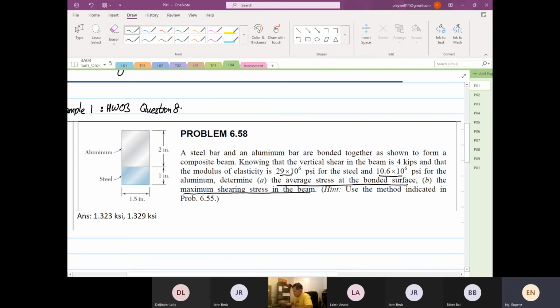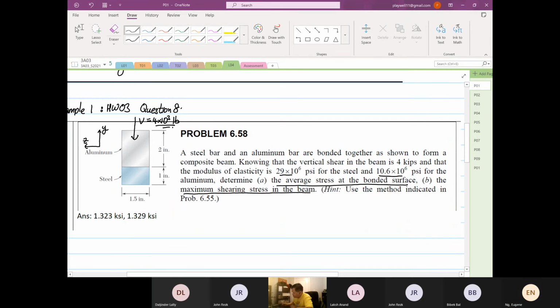Okay, so I'm going to address the transformation. If this is our y and this is our z, the shearing force is coming down, so V, and this V happens to be 4 times 10 to the power 3 pounds of force.